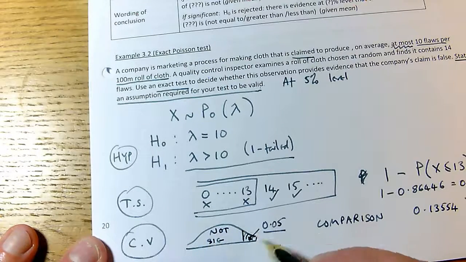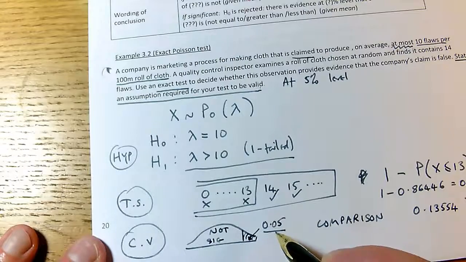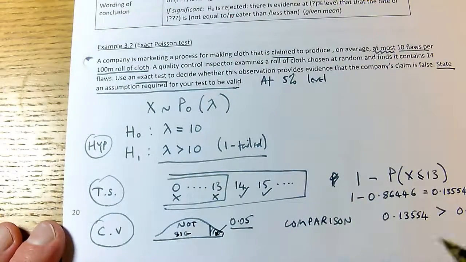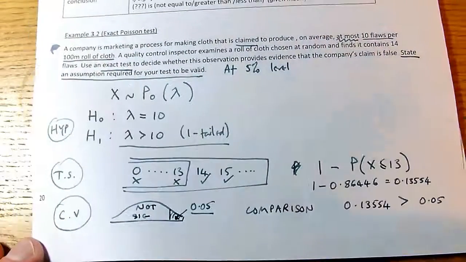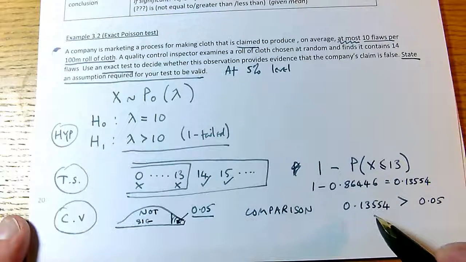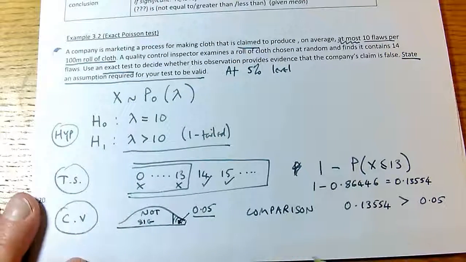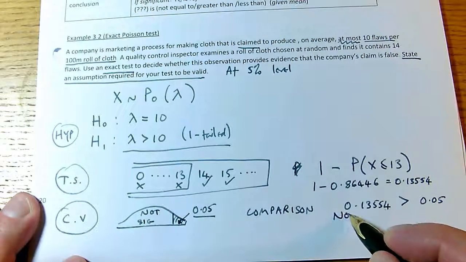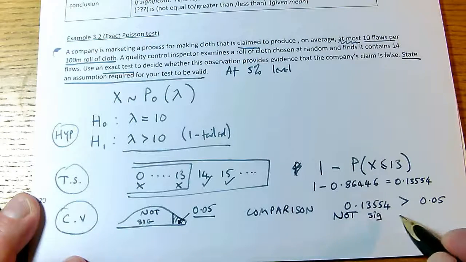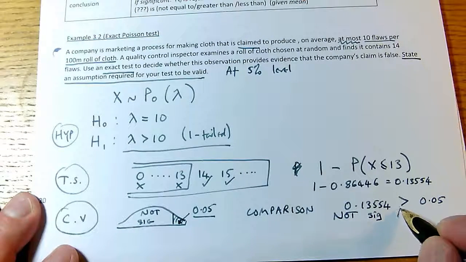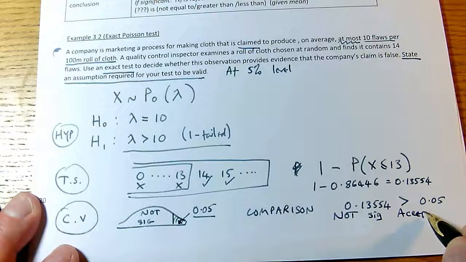Well, this tail is really quite small, 0.05. The probability I've got doesn't fit into that tail. It's a bigger probability. So when the probability you get is bigger than the probability you've got for your critical value, then that's when we say it's not significant. So this is not significant, so therefore, in terms of my hypotheses, I'm going to be accepting H0.